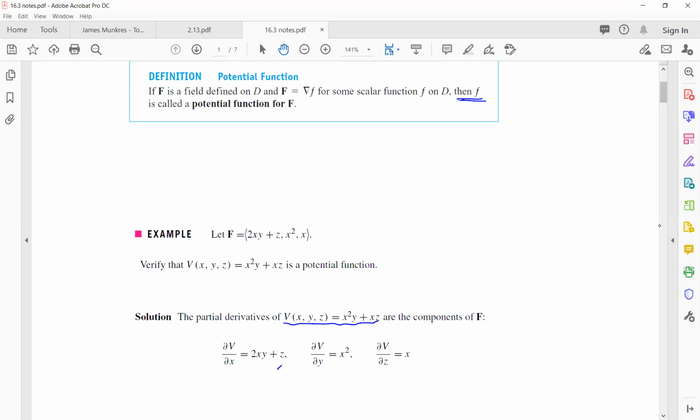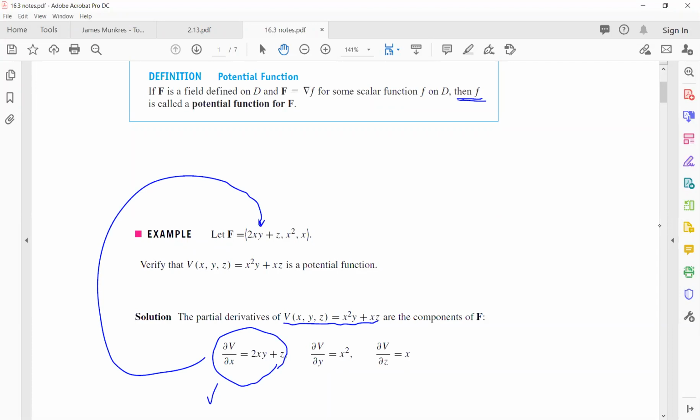Okay, take a look at the first partial derivative. Is this equal to the first component of your vector function? Of course. So we're good with the first component. Now let us take the derivative of v with respect to y. Okay, perfect. The first term is x squared y.